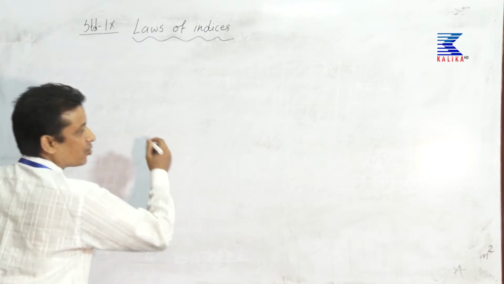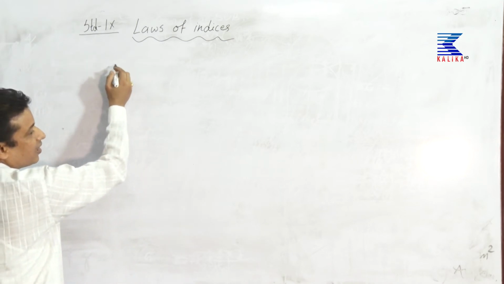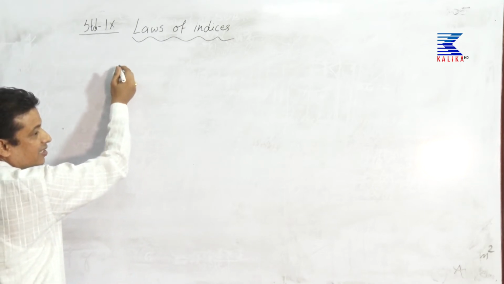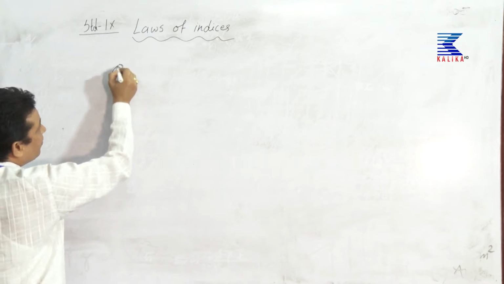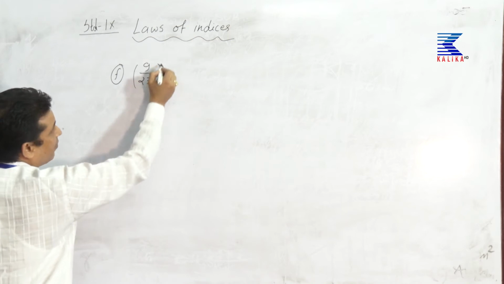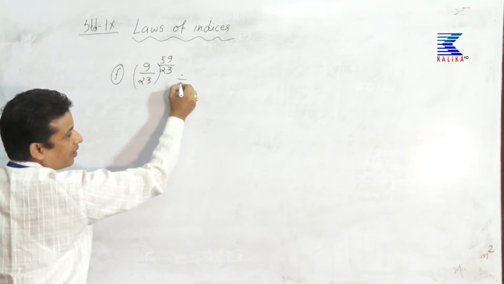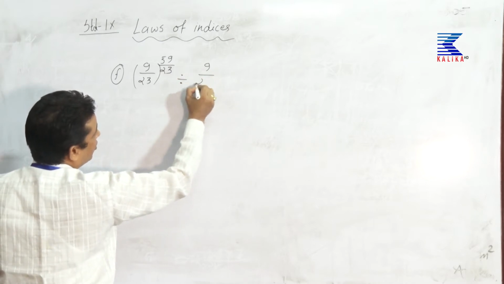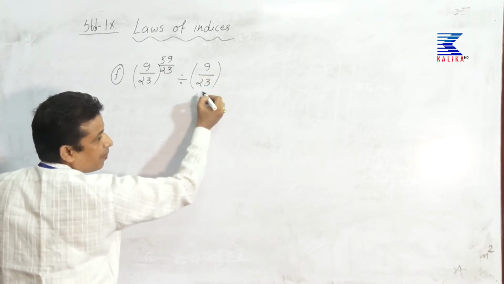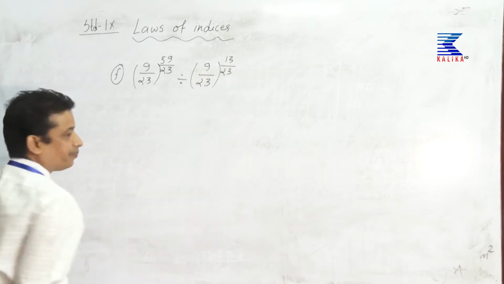Even though we did it yesterday also, from this practice question I am going to take at first this one: (9/23) to the power 59/23 divided by (9/23) to the power 13/23.